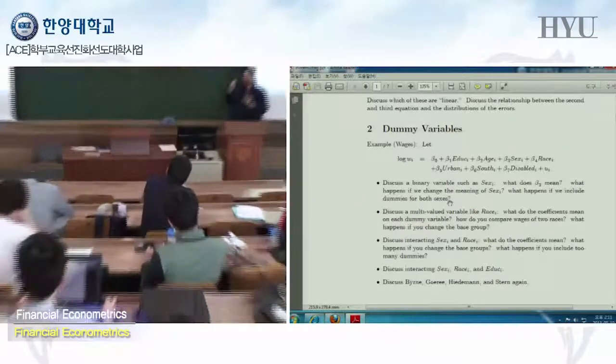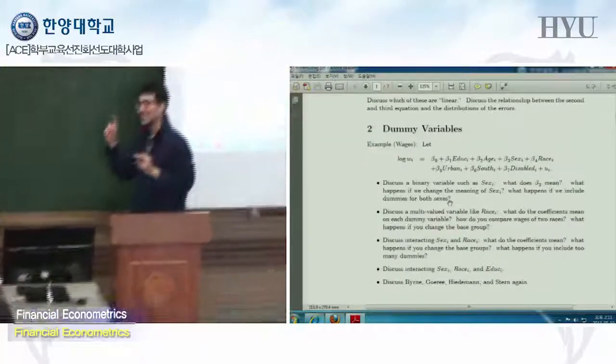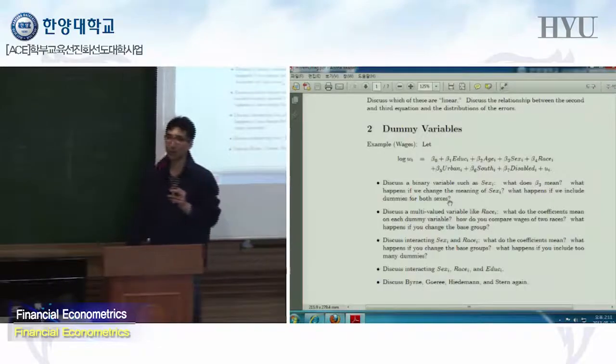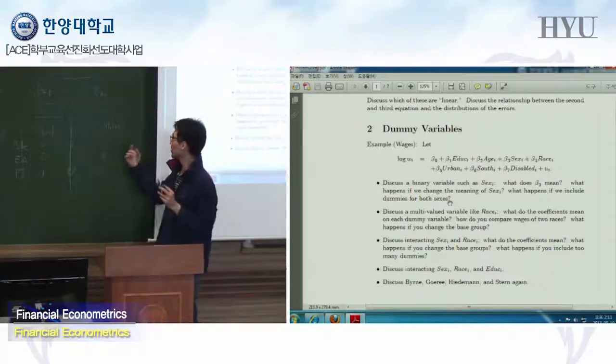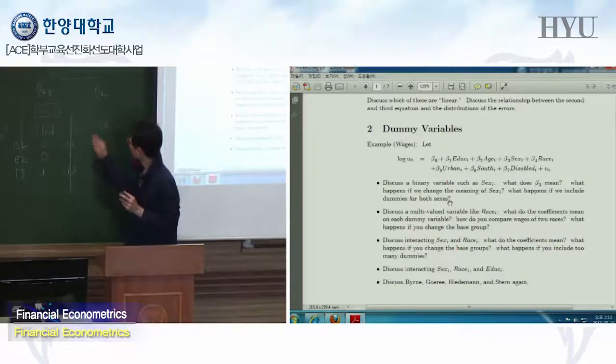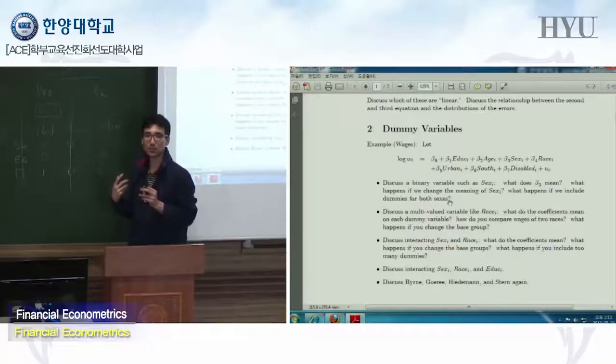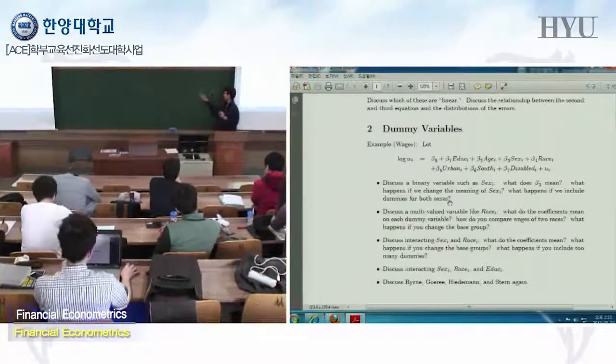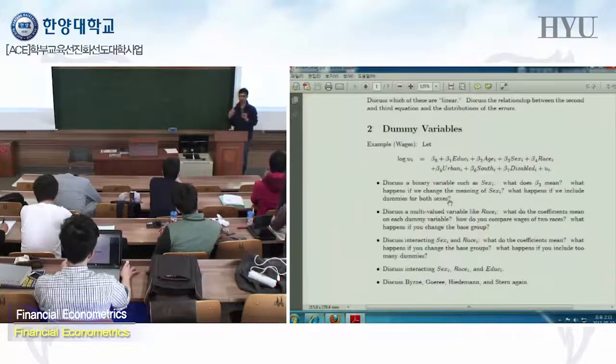The coefficient means the increase of the wage by deviating from Asian and becoming a black. What is the incremental wage of being a white while deviating from Asian? So it is the wage difference of black versus white, black versus Asian, or Asian versus white. So we have to be careful about the interpretation.